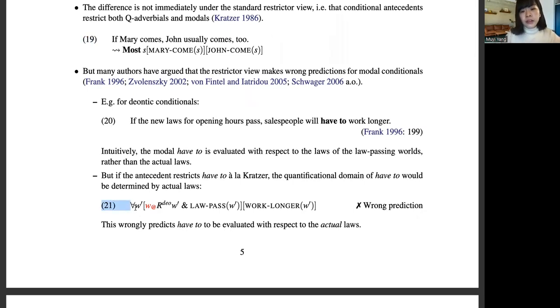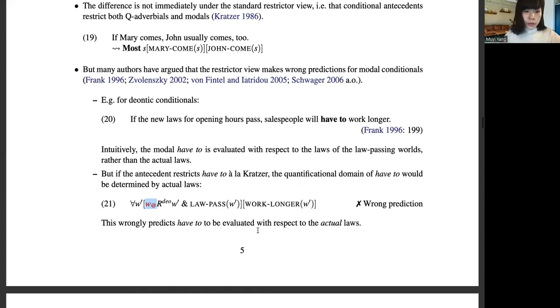So we would be saying that for all worlds that are deontically accessible from the actual world, and those worlds are worlds where the new laws have passed, in those worlds, the salespeople work longer. This is not the correct interpretation, because under this interpretation, we would wrongly predict have to to be evaluated with respect to the actual laws, where the new laws have not actually passed. So we don't want this.